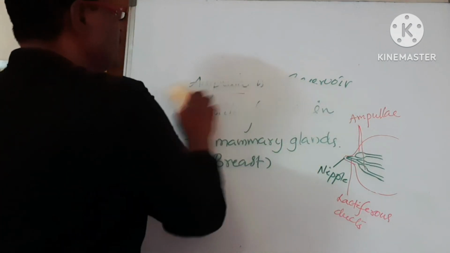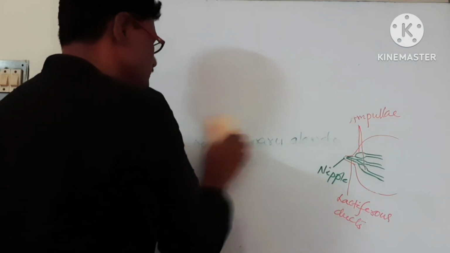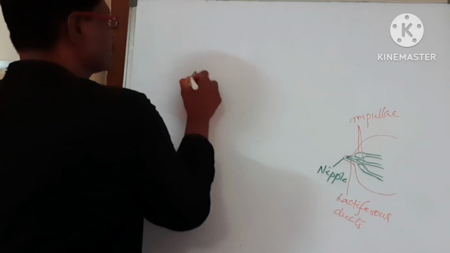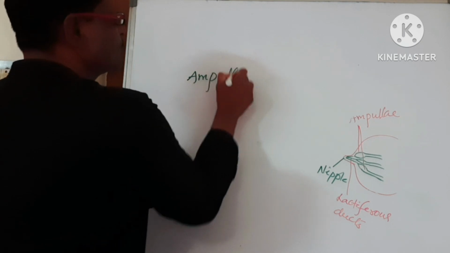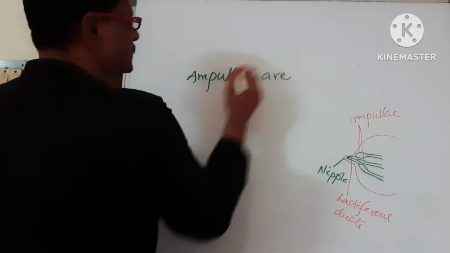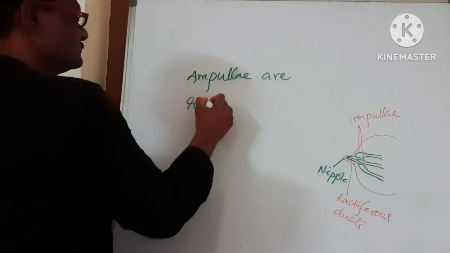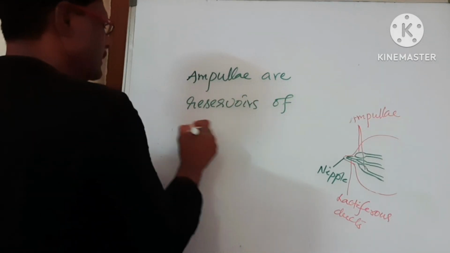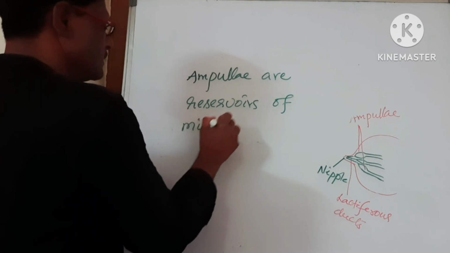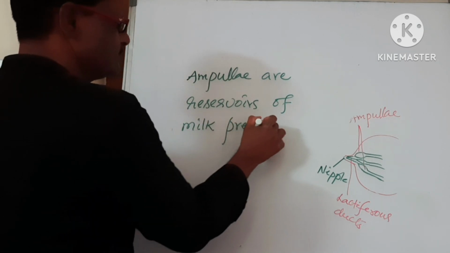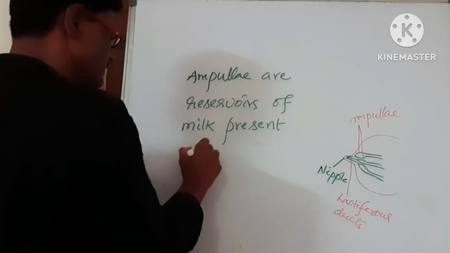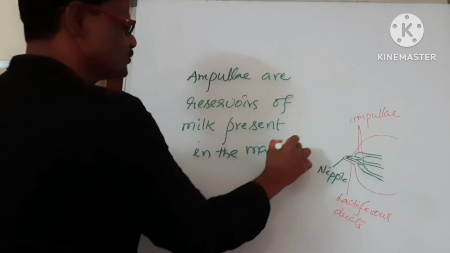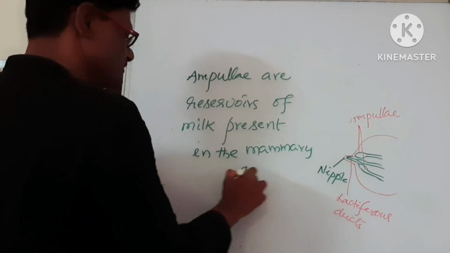Tell me: ampullae, or reservoirs of milk present in the mammary glands. Mammary glands are nothing but the breast only.